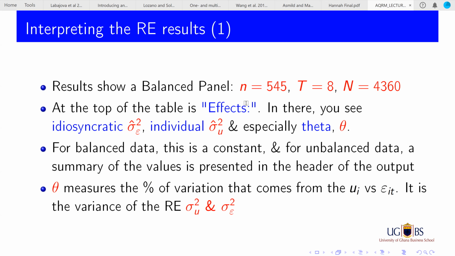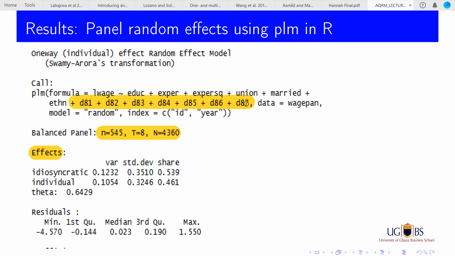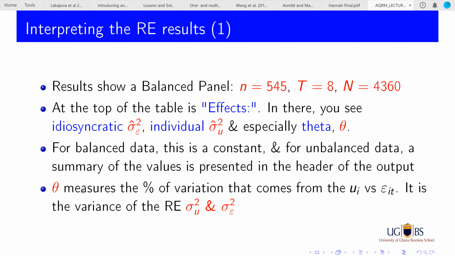If the data were balanced, the values will be constant. But for unbalanced data, a summary of the values is presented in the header of the output. What is this 64.29? Well, it tells you the variation from the unobserved heterogeneity given the random and noise.